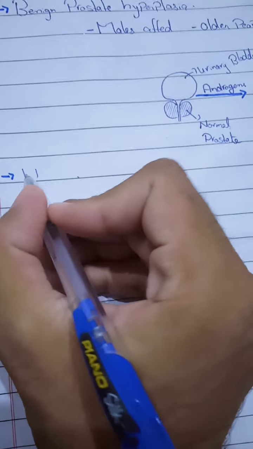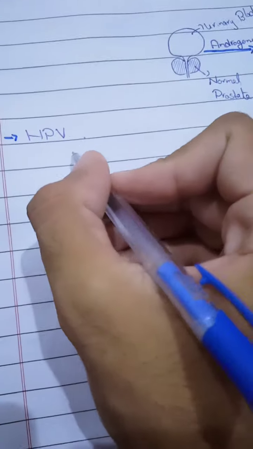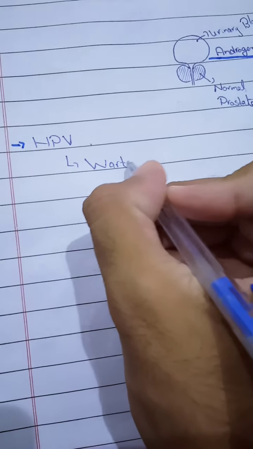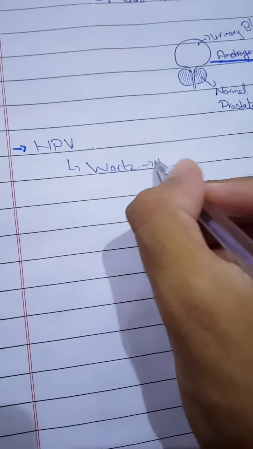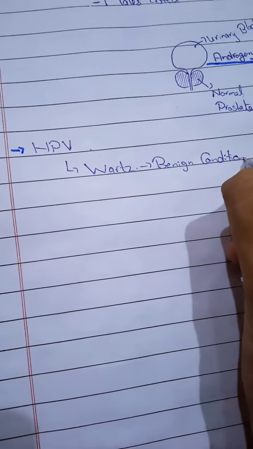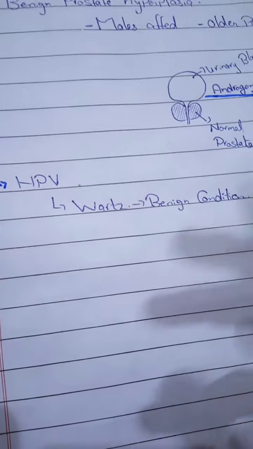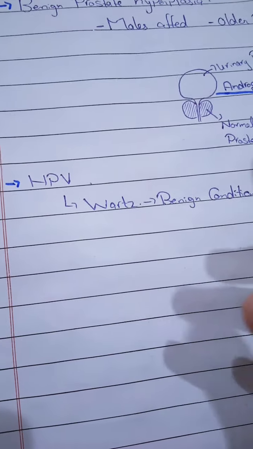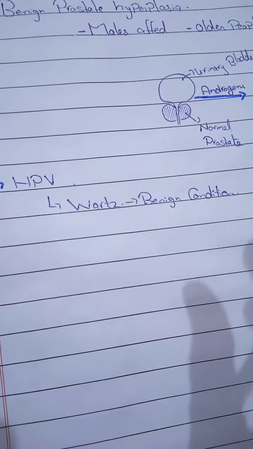And the last example is human papilloma virus. Human papilloma virus, which you know is a virus which can very importantly cause warts. So warts are a benign condition. Warts are also a cluster of cells, right? The human papilloma virus causes warts, which are a cluster of cells or hyperplasia of that tissue.